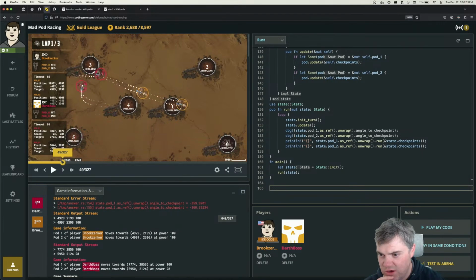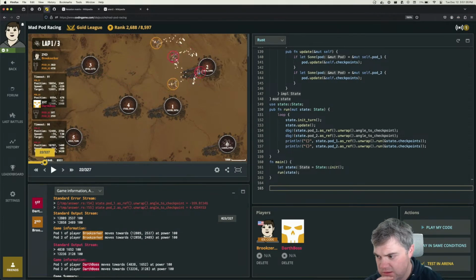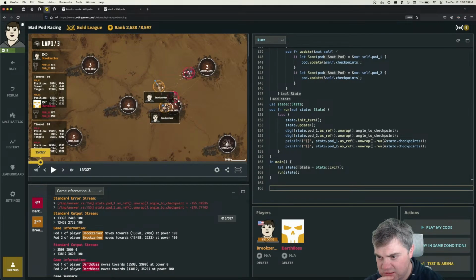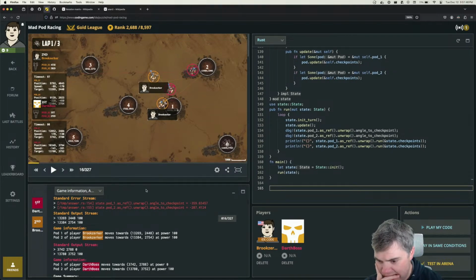So hold on. So our pod 1 and let's wait until, okay, so 2 is pointed to the right of 2. So that's negative 287. So if that was negative 287.